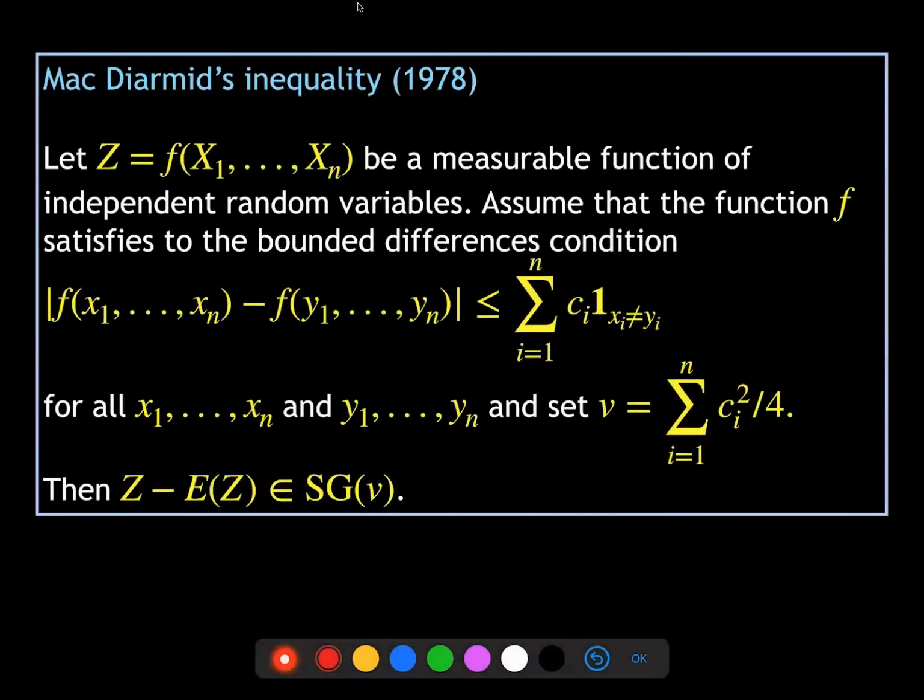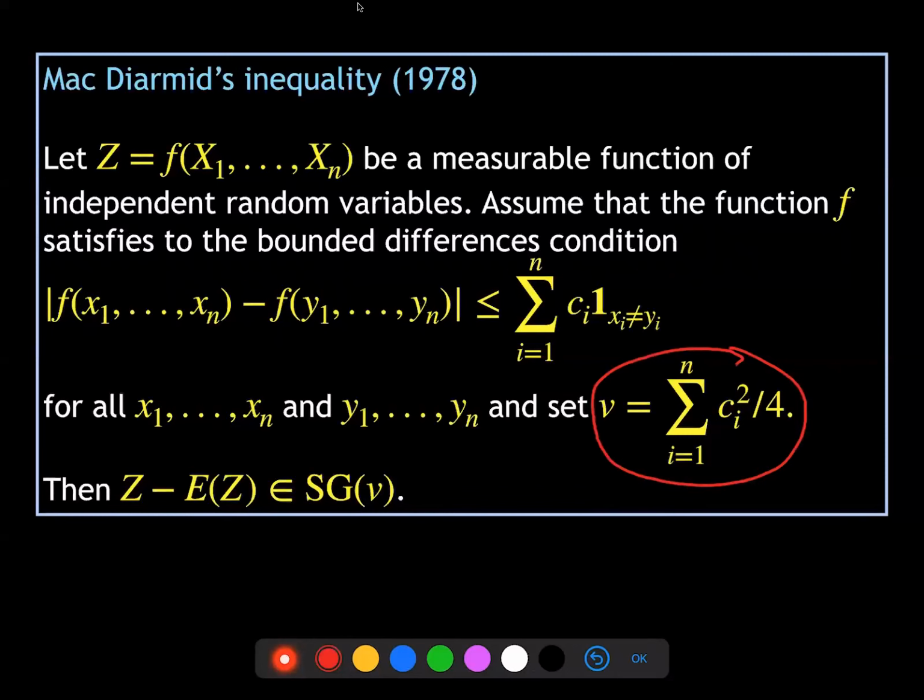You consider the smoothness assumption that we have mentioned when we studied the control of the variance, that is the bounded differences condition. If the bounded differences condition holds true, we have seen that the variance of Z has to be less than V, where V is defined as the sum of Ci squared over 4. This is what we have seen.